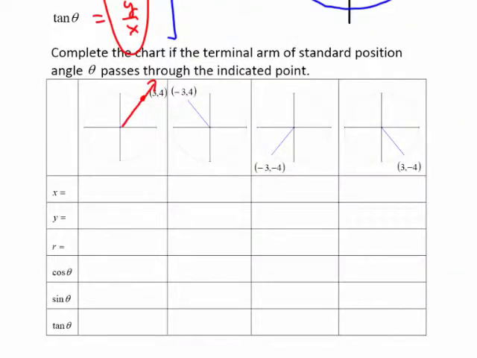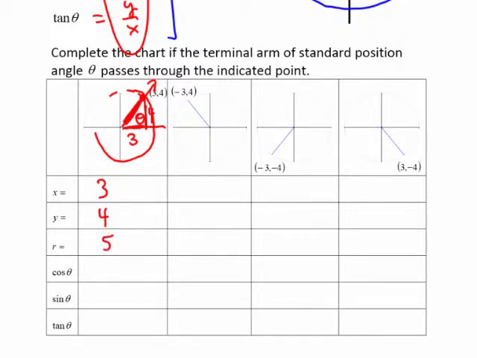So let's go through a little exercise here and you'll see a couple of other connections. Here's my standard position angle. I don't actually know what it is. It's just some theta. But I know that the terminal arm hits the circle at 3 for x and 4 for y. And I could think of there being a circle there. If this distance is 3 and this distance is 4, you could calculate by Pythagoras this distance, which would be 5.